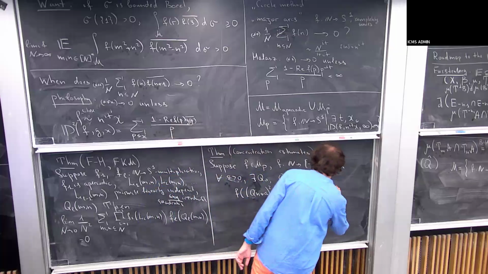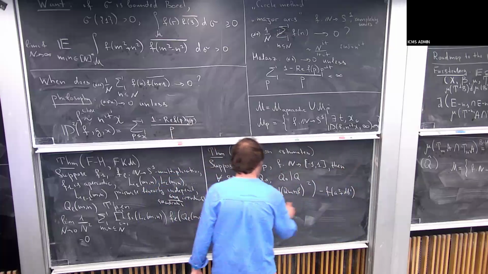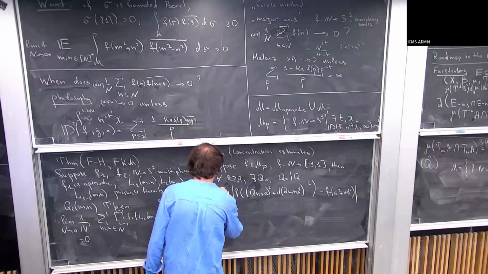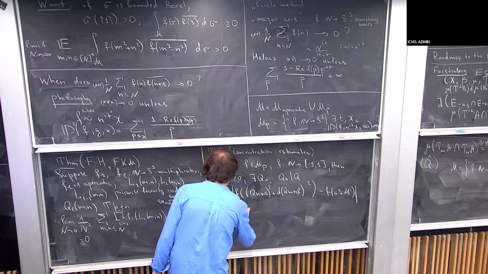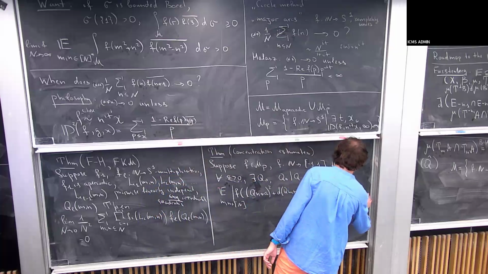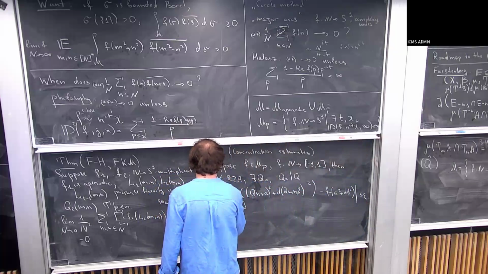So you expect your function to concentrate around this value. But this is actually smaller than epsilon when you let n go to infinity.